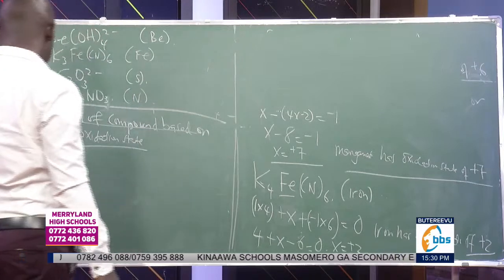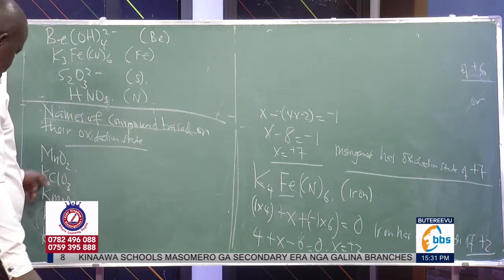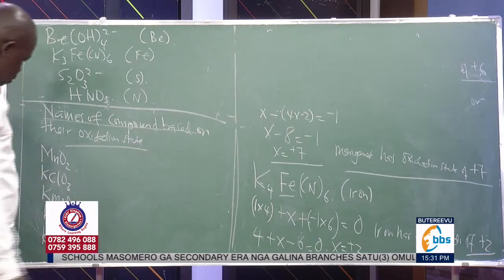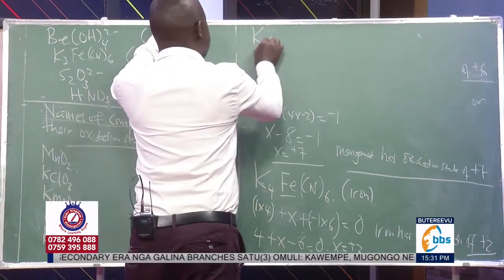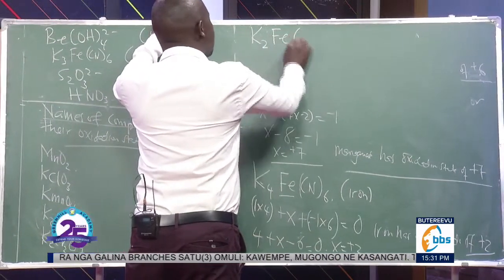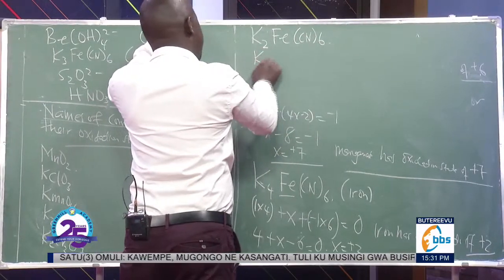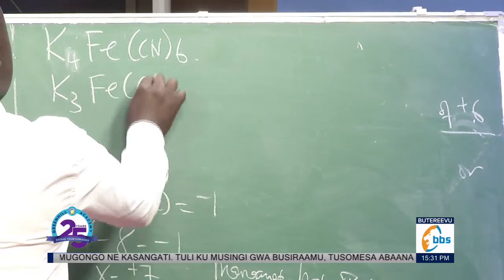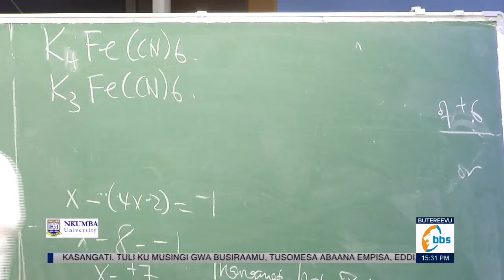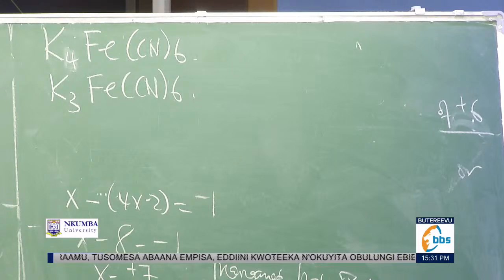Potassium dichromate, chromium, manganese. Good. Which other one? Great. I think these ones can work. Now, we can also add these complexes. Six. Supposed to be 4. Now, how are these complexes named? Those are complexes. These are just oxidizing agents.